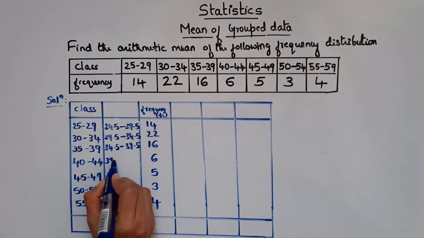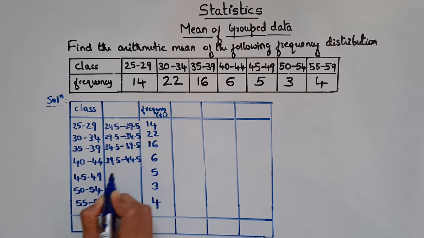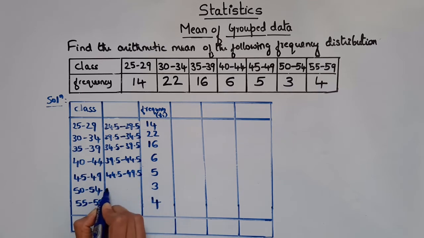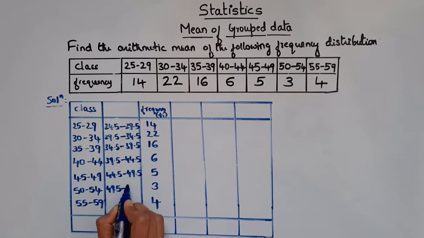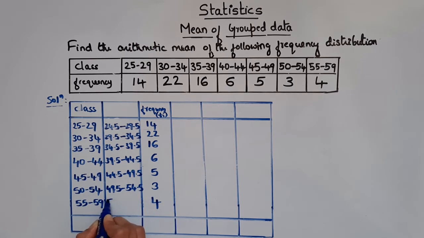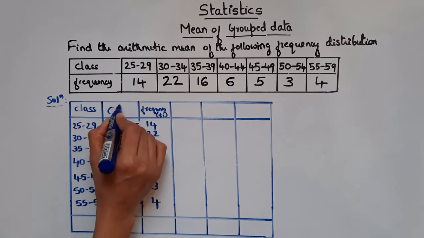So this will be 39.5 to 44.5, 44.5 to 49.5, 49.5 to 54.5, and 54.5 to 59.5. So now your class interval is continuous, right?